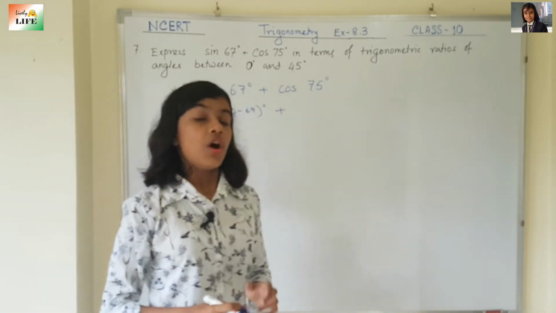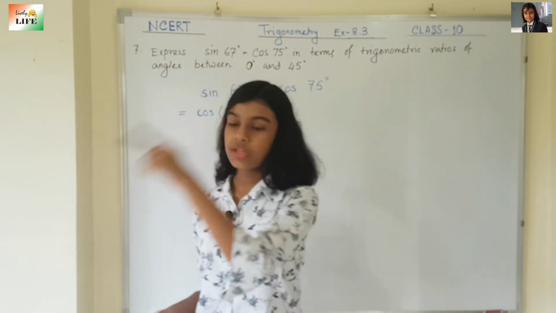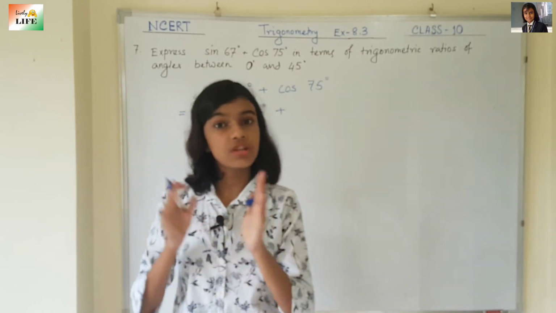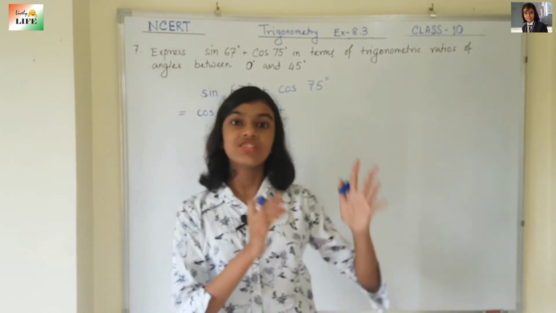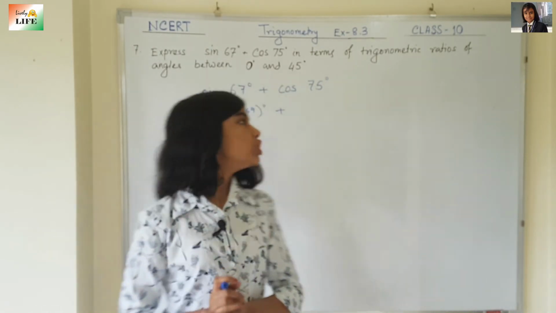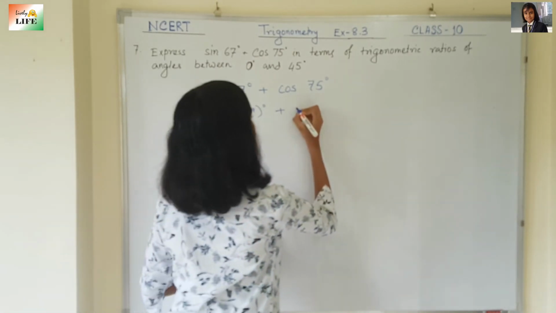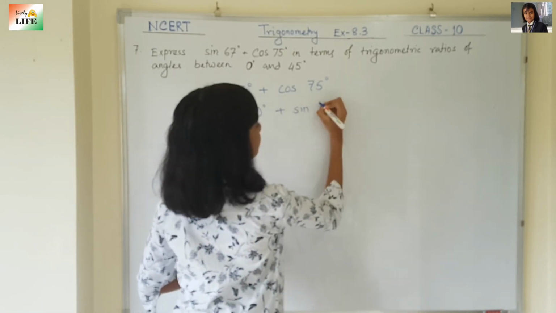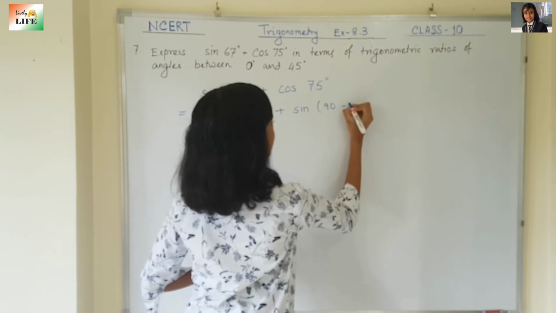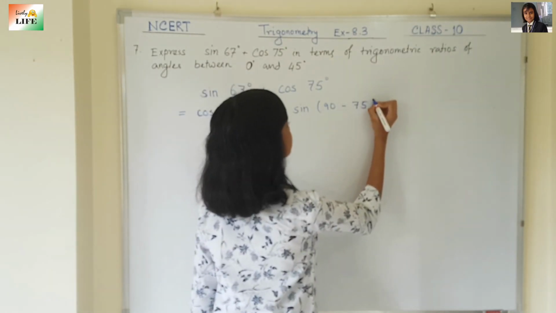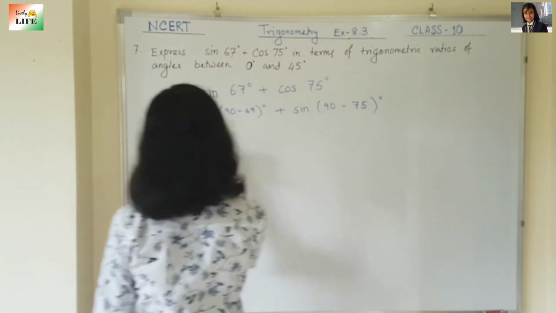Okay, then cos 75. We have also learned that cos A is also equal to sin 90 minus A, as sin A is equal to cos 90 minus A. Cos A is also equal to sin 90 minus A, right? So instead of cos 75, we can write sin (90 minus 75) degree. Okay.